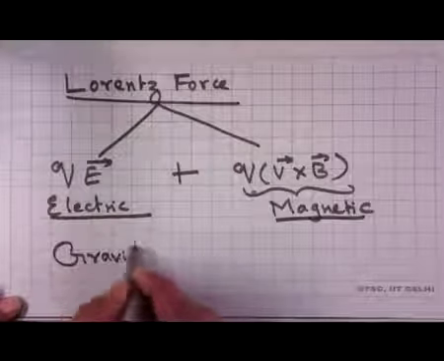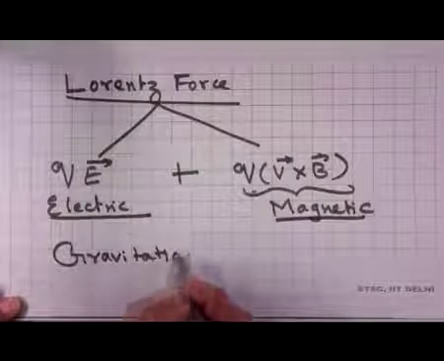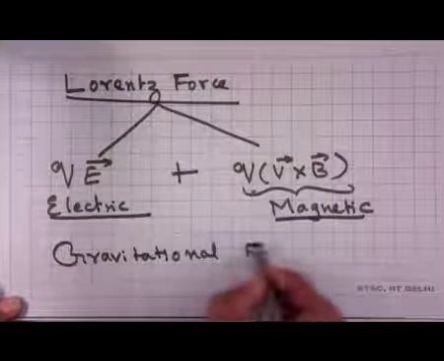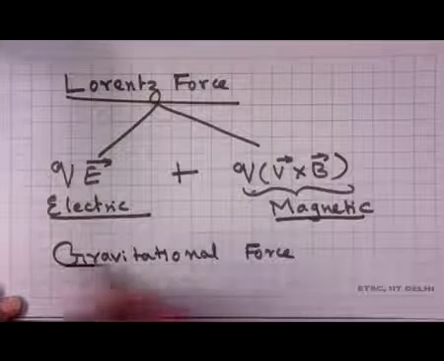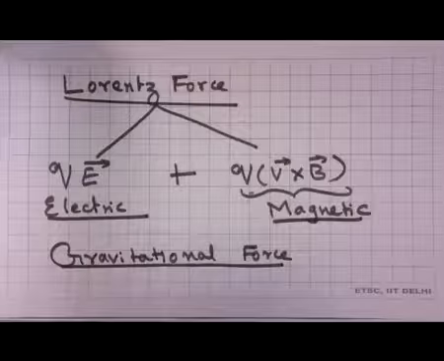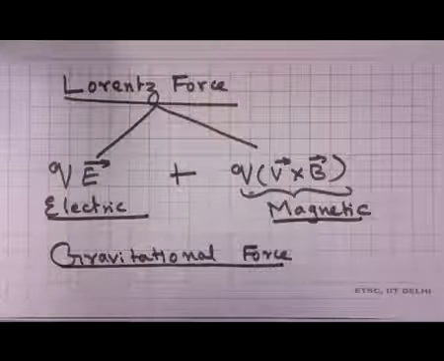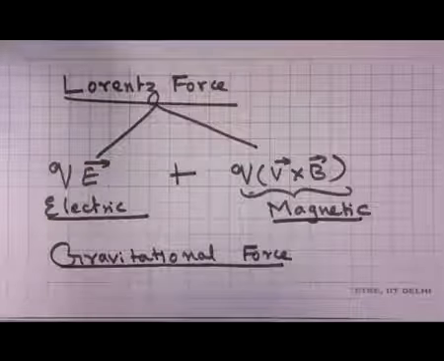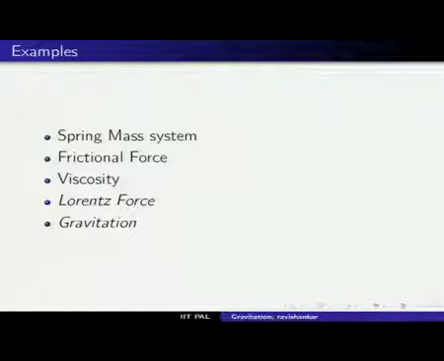So I have listed essentially 4 forces. So what are the 4 forces that we have listed? The spring mass system, which is macroscopic. The frictional force, which is again macroscopic. Viscosity, which is macroscopic. The Lorentz force, which is electric and magnetic, and the gravitational force.